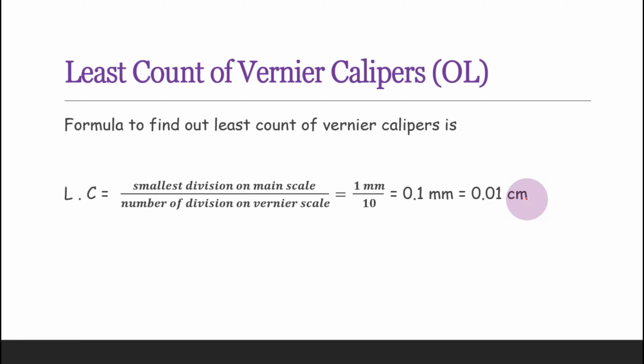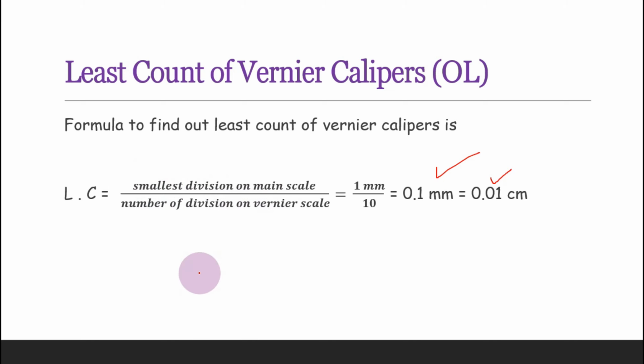Now what is the least count of Vernier caliper? We discussed in previous slides that it is 0.01 centimeter or 0.1 millimeter. A simple method to find the least count of the instrument is the smallest division on the main scale divided by the number of divisions on the Vernier scale.